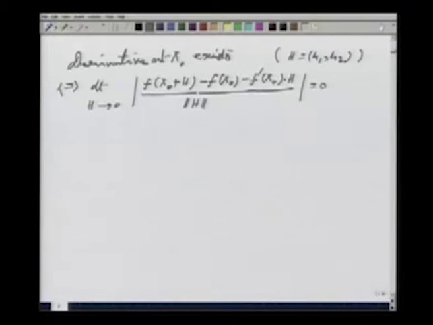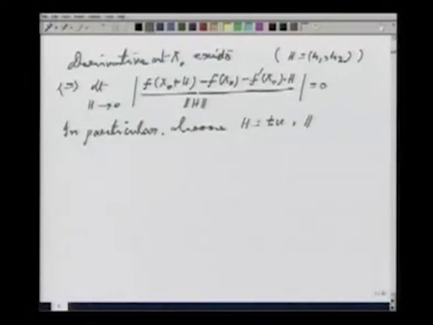Derivative exists means this. So in particular, choose h to be tu, where u is a vector and t is a number. The norm of h is nothing but mod t, because u is a unit vector. So while taking norm h going to 0, we can as well take t going to 0.